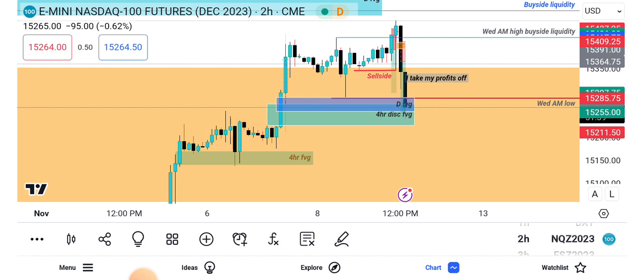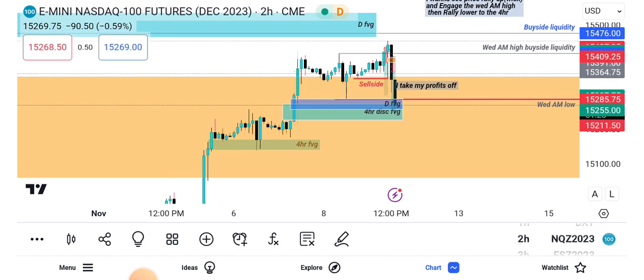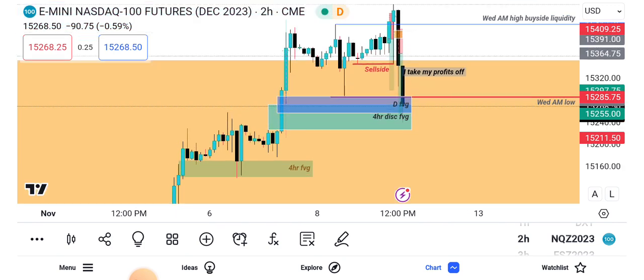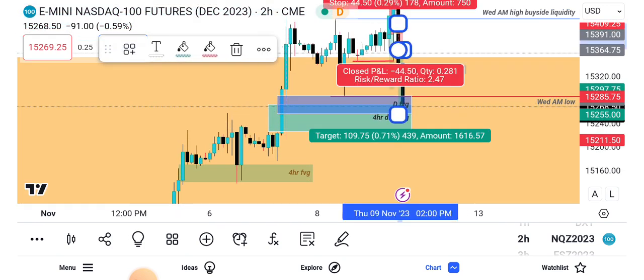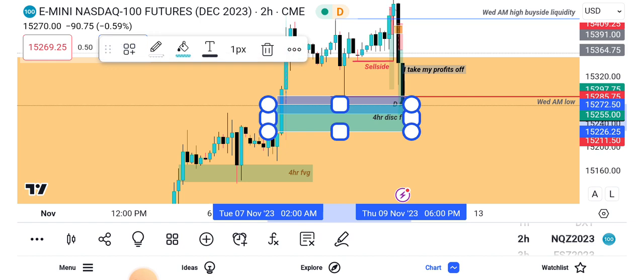If you have not yet watched the previous videos, I would like you to go and watch them, the reviews, and you'll get the overview that I've been saying. So we wanted to see price retrace lower, then from these levels, the 4 hour discount level to be tapped into.